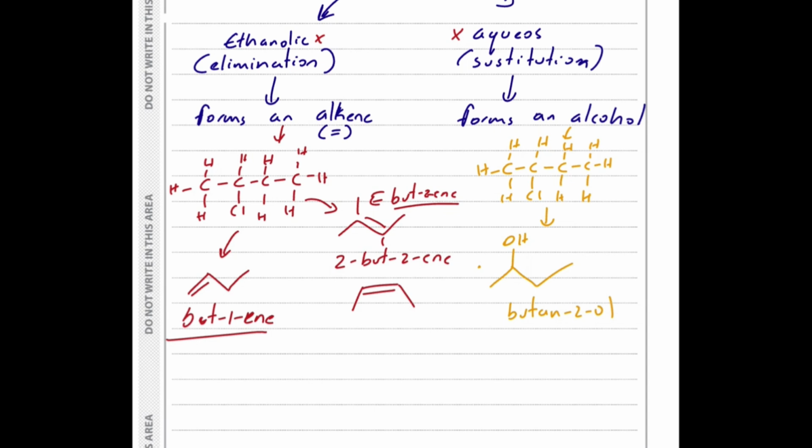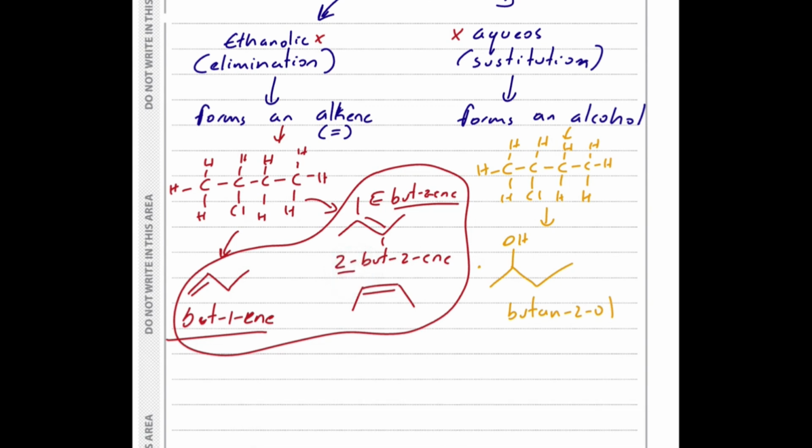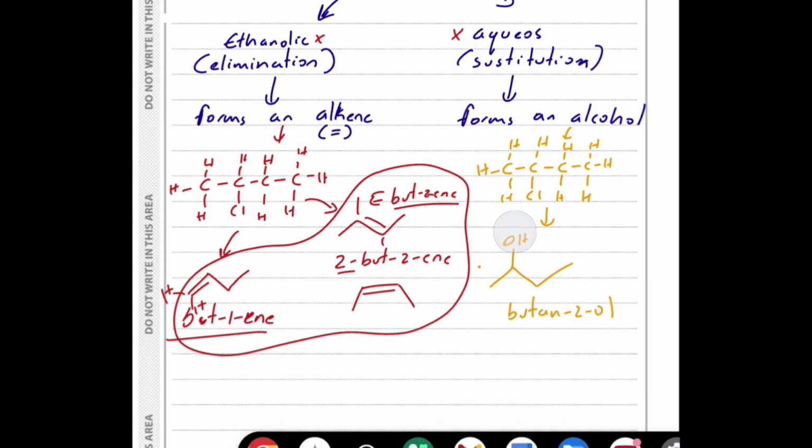So there will be three structures: but-1-ene, E-but-2-ene, and Z-but-2-ene. There will be no cis-trans isomers in but-1-ene because there are the same groups on the first carbon of this but-1-ene compound.